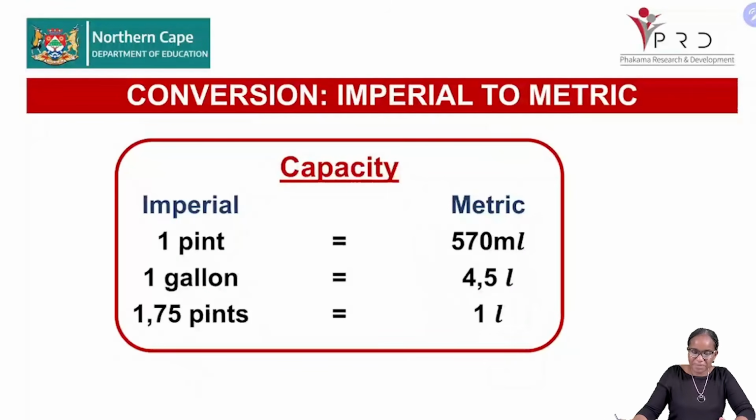Then we go to capacity. Capacity usually is the measurement of your liquids. 1 pint equals 570 milliliters. 1 gallon equals 4.5 liters. 1.75 pints equals 1 liter.